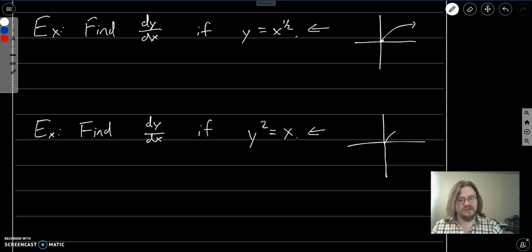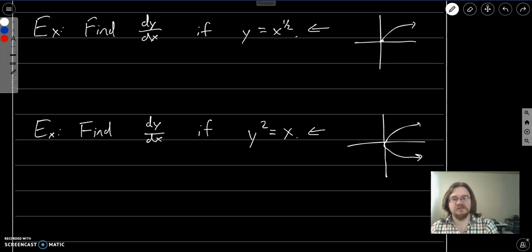So we actually get something that looks like this. This isn't a function. It doesn't pass the vertical line test. It crosses in two places. But this could still come up in some situation. I could have y squared equal to x, and I just have two different solutions for the y value. Just a sideways parabola. So the question is, how do we find the derivatives?